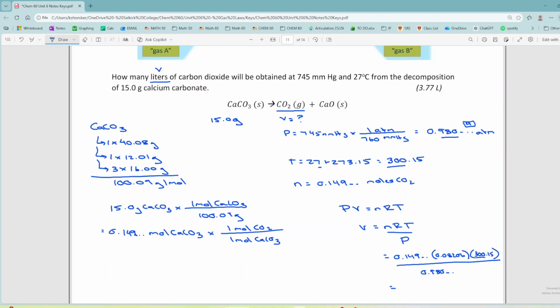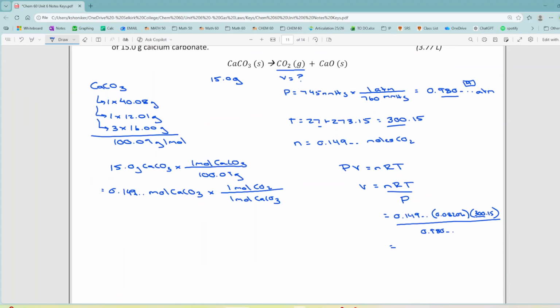So now, plugging this all into my calculator, I'm going to times by 0.08206, times by 300.15, and divided by, for me, recall A, and I end up to 3 sig figs, getting 3.77 liters. I almost wrote atmospheres.